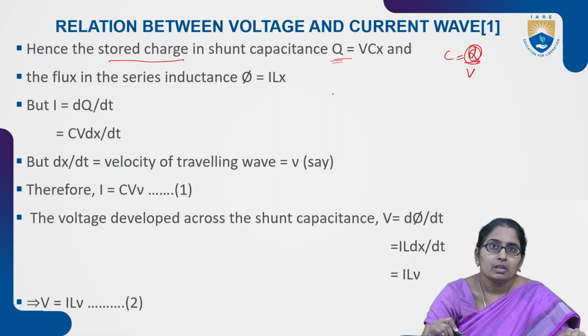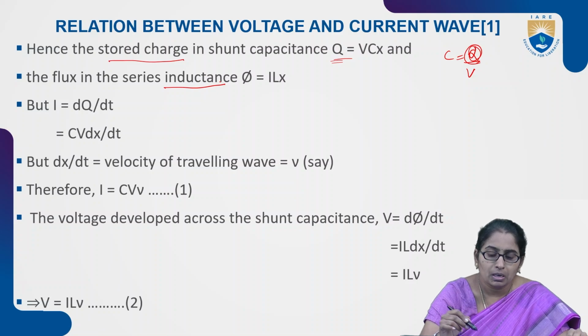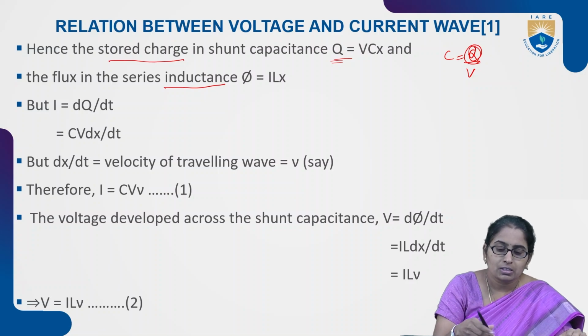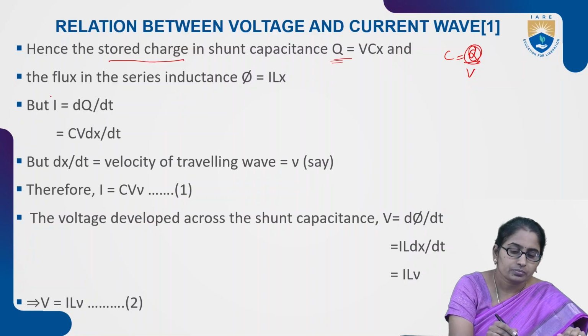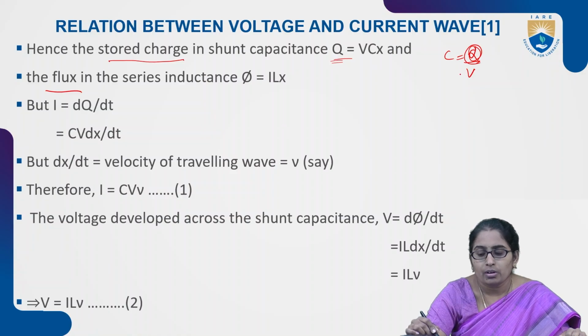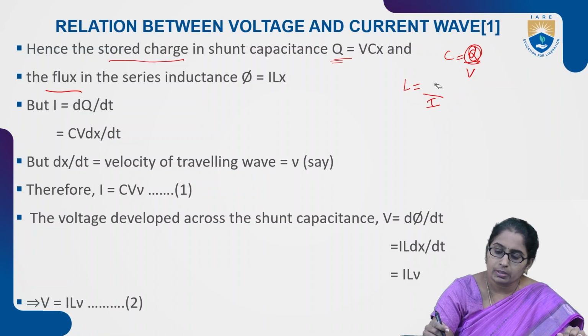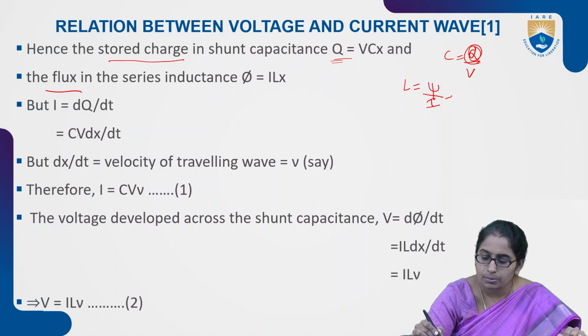Similarly, due to the inductance, the flux. The charge was written from the expression of capacitance. How can we write the flux? From the definition, inductance is flux linkages by current.